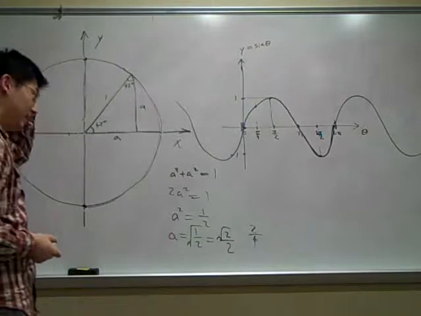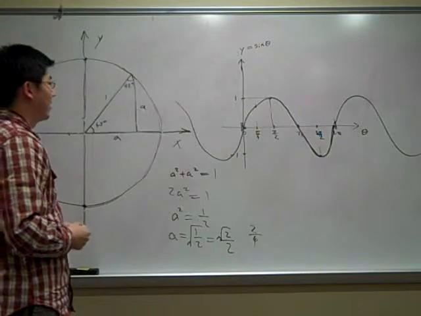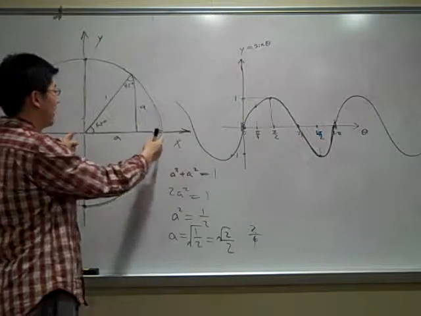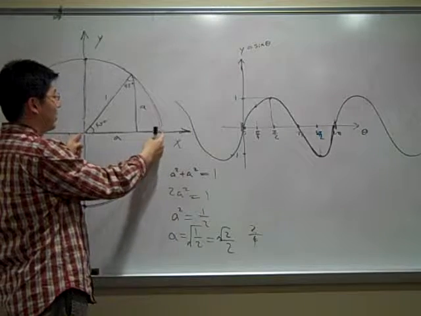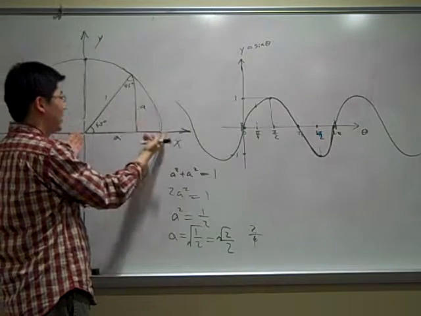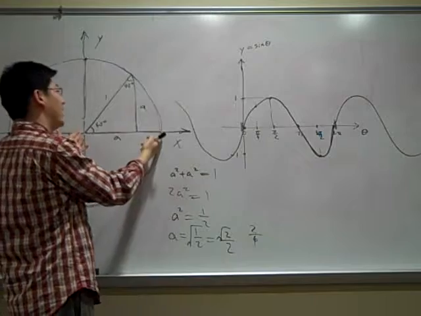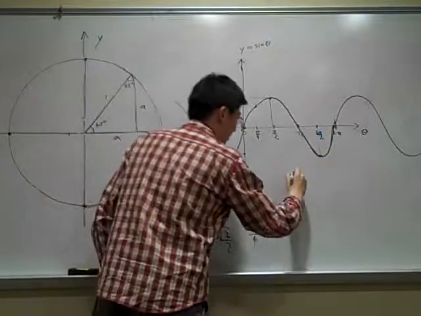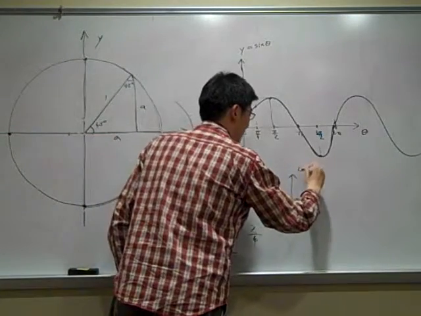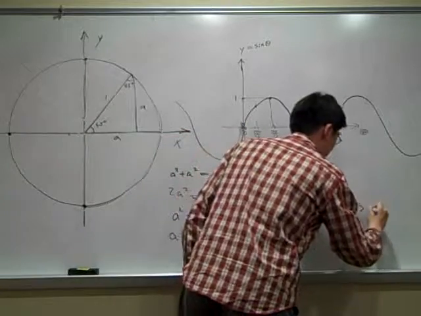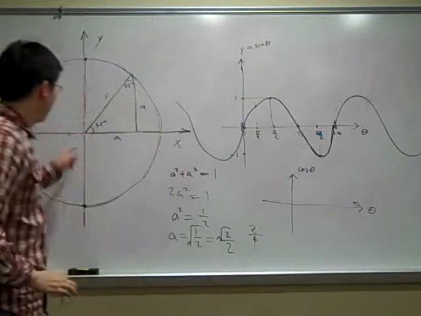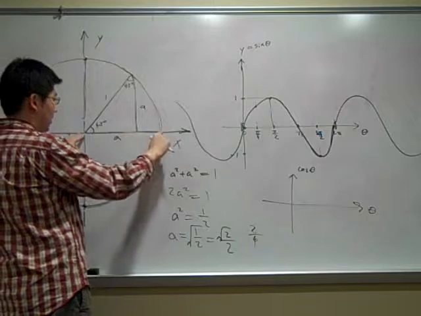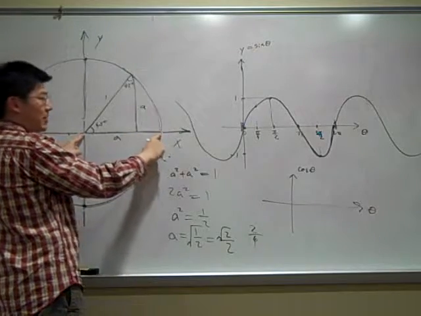So this is great. Now how about cosine of theta? You can go through the same argument, starting here and only looking at the x-coordinates. When theta is 0, x is maximum, it's 1. So for cosine theta at 0 degrees, the x-coordinate is going to be 1, right?